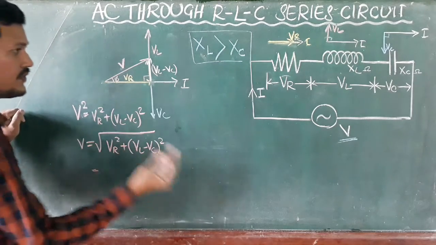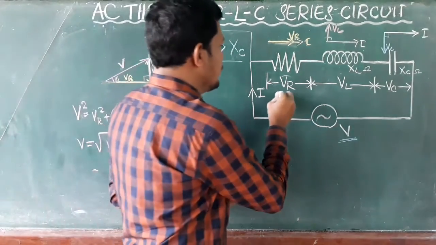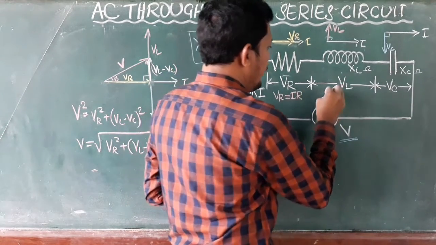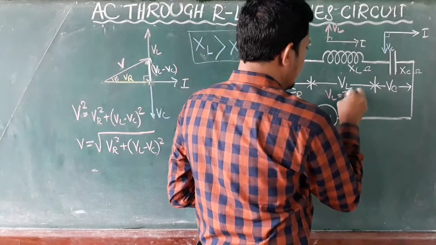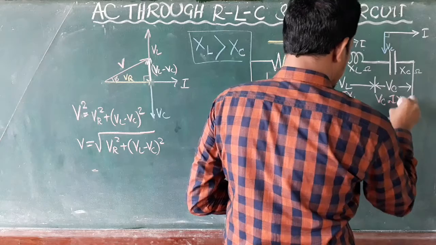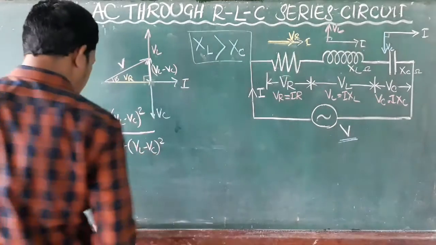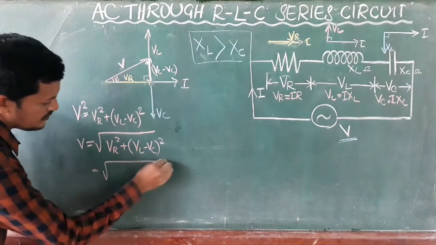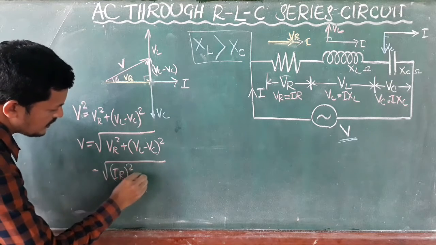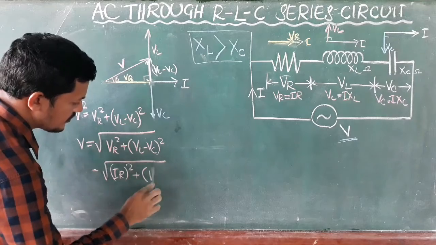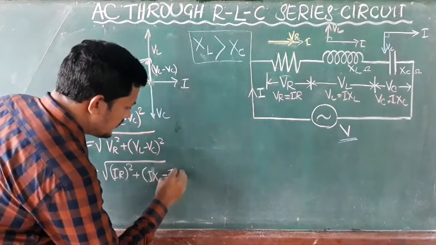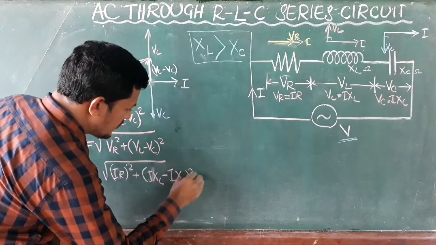Again we know that VR is equal to current into its resistance, I into R, and VL equals current into XL, and VC equals I into XC. So substituting here, it becomes root of I into R whole square plus I into XL minus I into XC whole square.